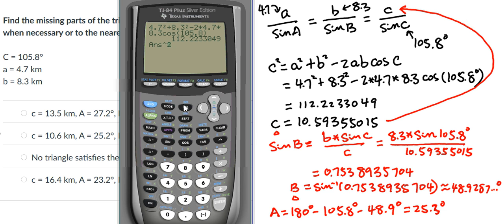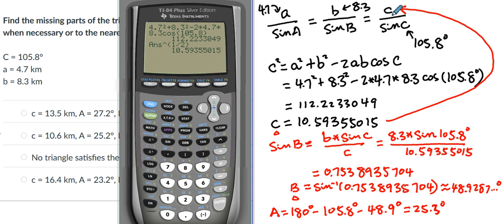But here, you are taking the square root, so you may do 1 divided by 2. Or you may just put 0.5 here. But here, we did 1/2, that's the square root. So that's 10.593 something. All right. So we have C here.